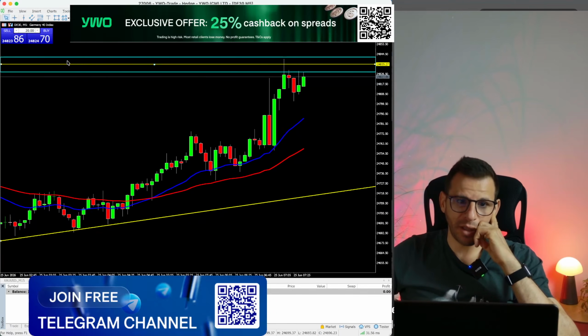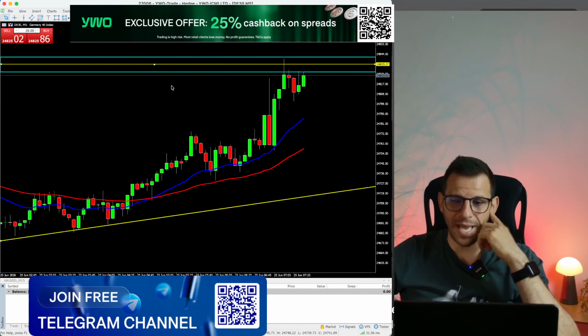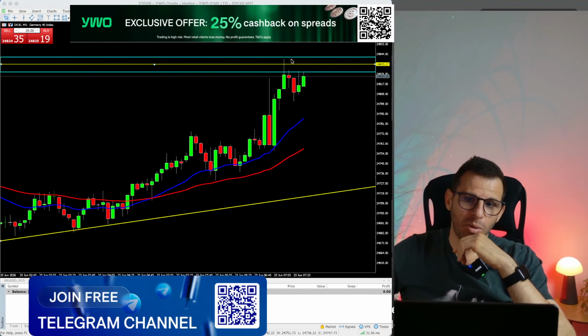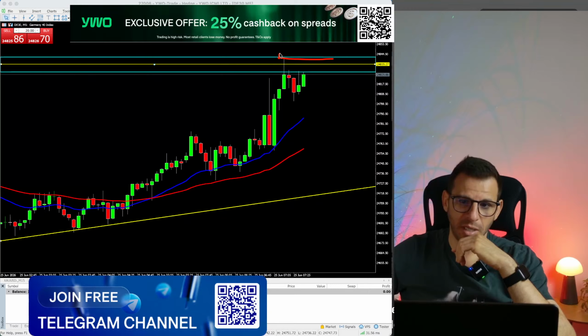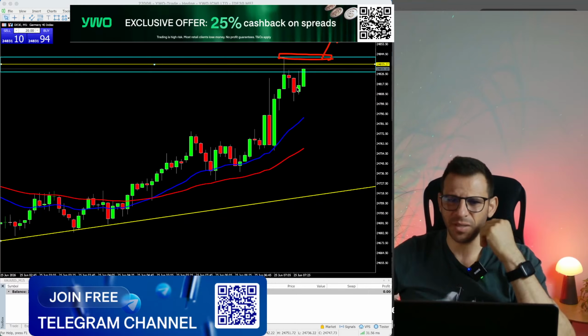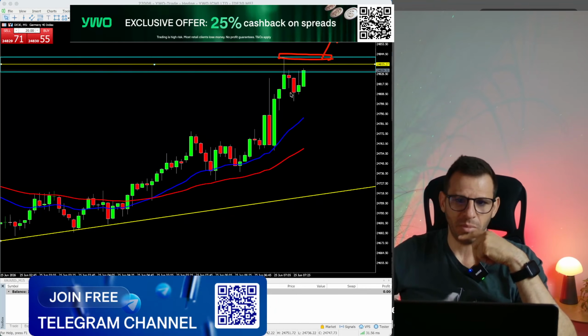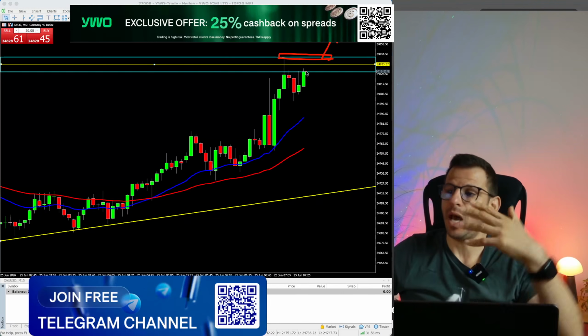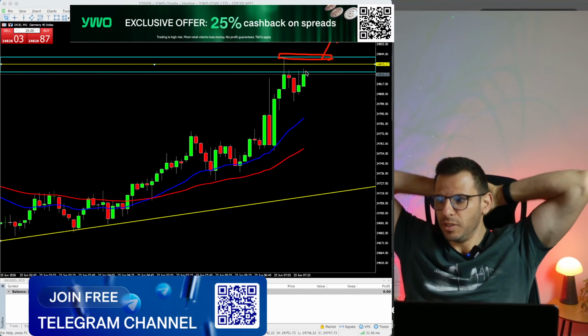The only case to buy DAX is if the price breaks and closes above here and we see a follow through. Then and only then we're going to consider buying DAX. But right now, unless it's a part of your trading plan, I'm not sitting next to you to know what you are doing, guys, but if that's a part of your trading plan, absolutely, go for it.